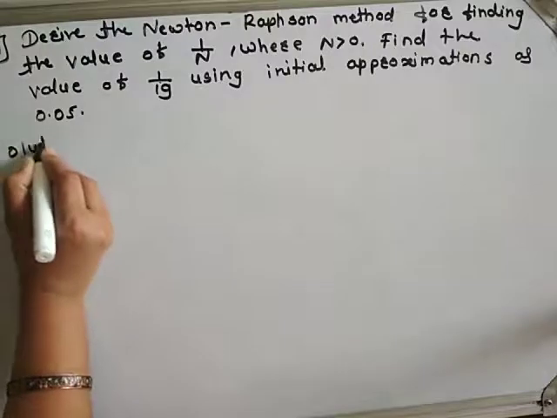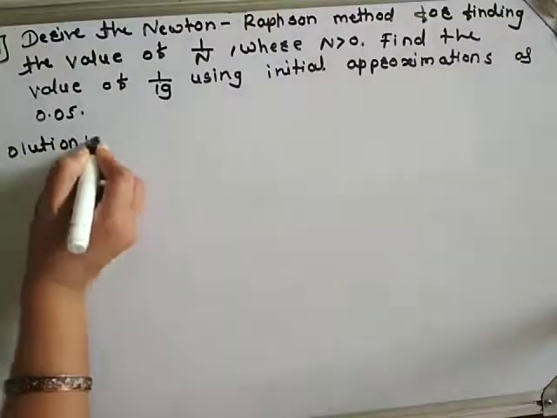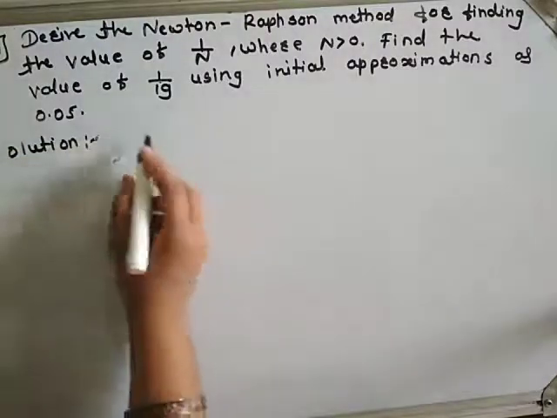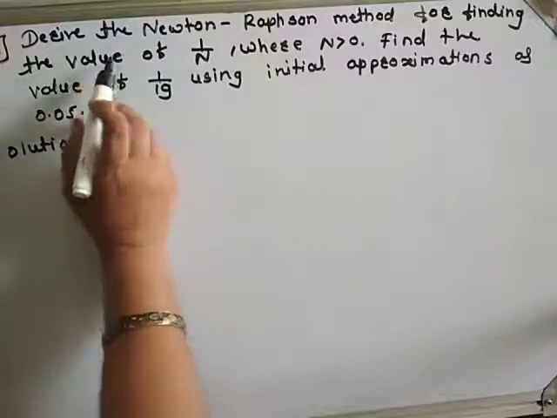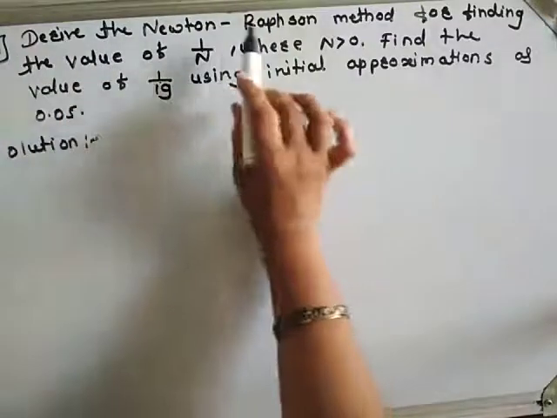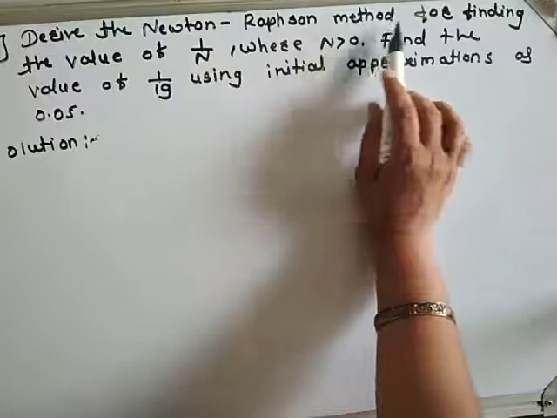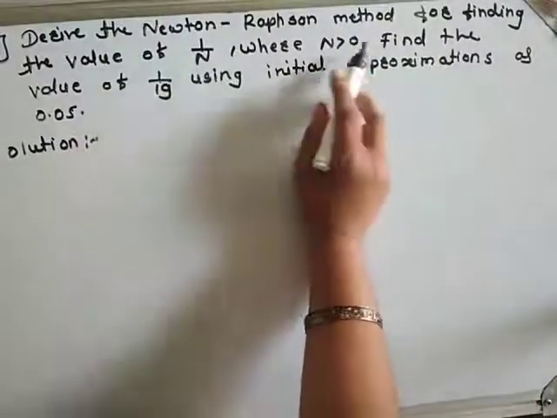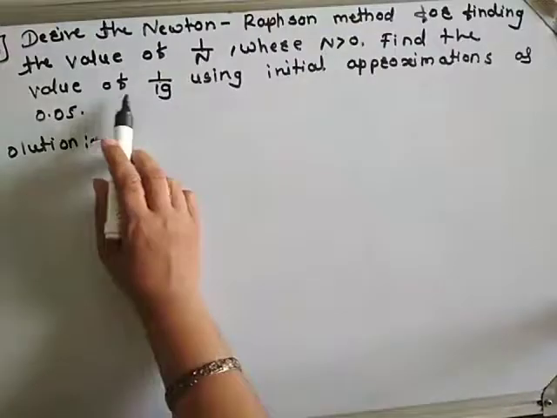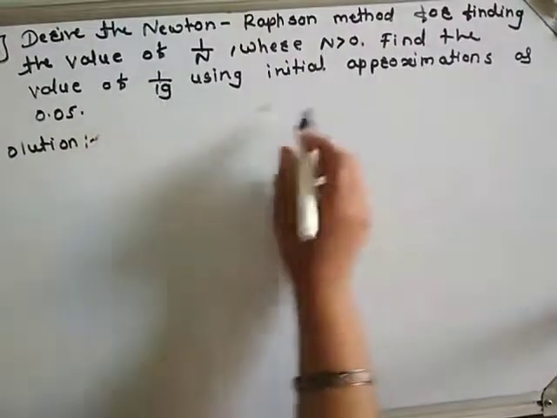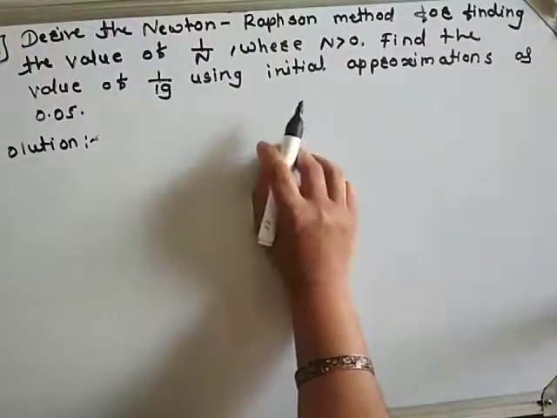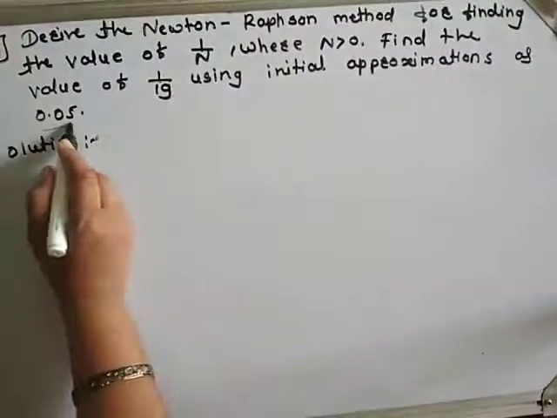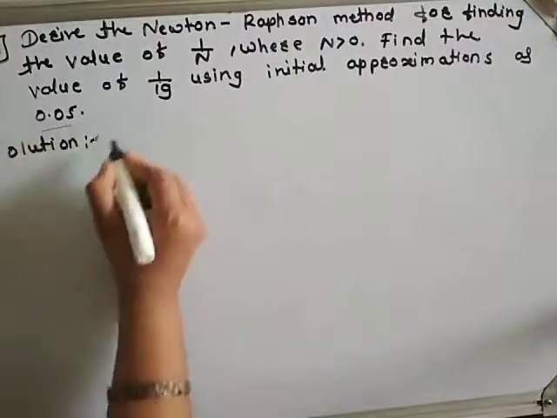Solution. Here we have to derive the Newton-Raphson method for finding the value of 1 by n where n is greater than 0. Find the value of 1 by 19 using initial approximation as 0.05.